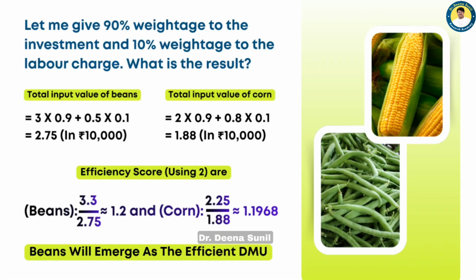Beans will emerge as the efficient DMU. Now the former observation is correct, because sometimes just a variation of 1% changes the result. First they gave 90% and calculated, the result was different. Again they gave 91% and calculated, the result was different.